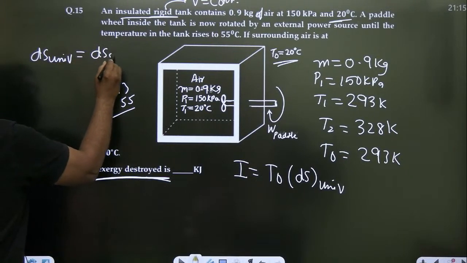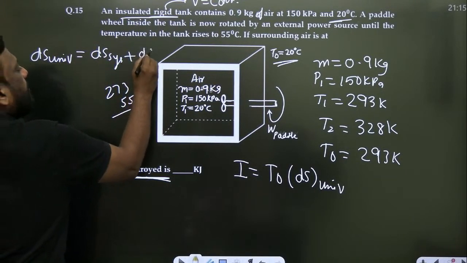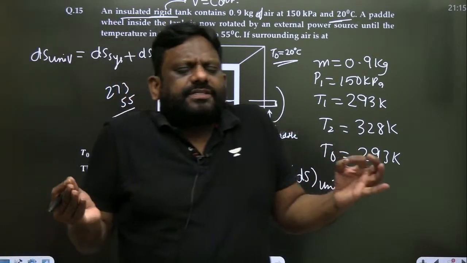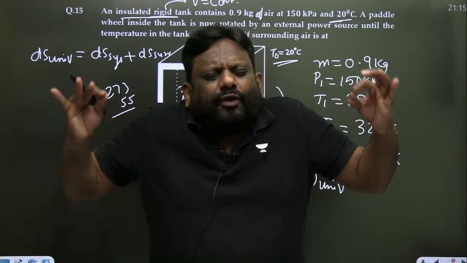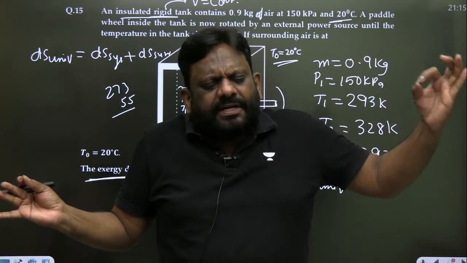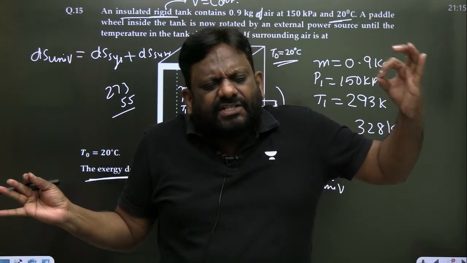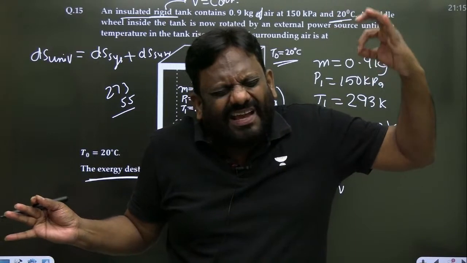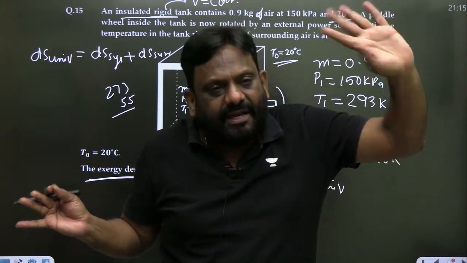It will be entropy change of system plus entropy change of surroundings. Can you tell me what is the entropy change of surroundings? I taught very beautifully in my regular plus classes. Whenever the system is insulated, there is no energy interaction in the form of heat transfer to surroundings. So therefore, the surrounding entropy change is zero in adiabatic process.